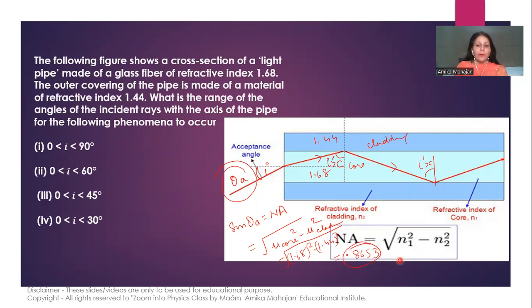So if I have to calculate theta A, it will be sine inverse of this value. So I will check the table of sine of angle. Corresponding to this value, the angle I obtain is approximately 60 degrees. So this is the maximum angle at which a ray should be incident from air to fiber. So this should lie between 0 and 60 degrees. This is the maximum angle. So the second option is the correct option.